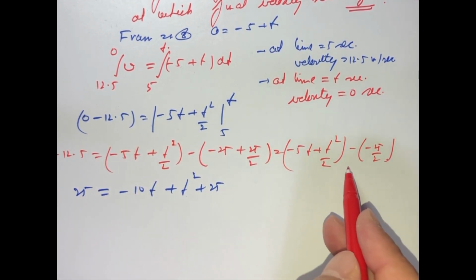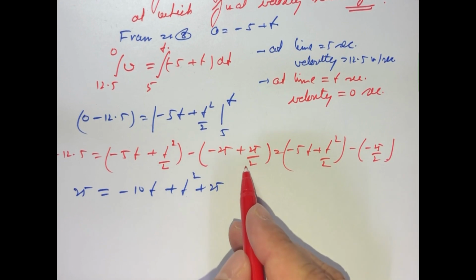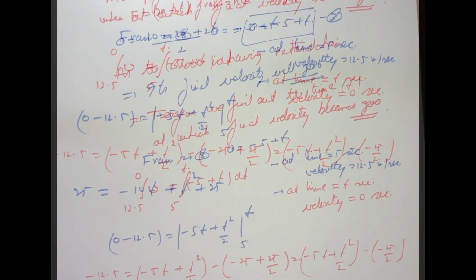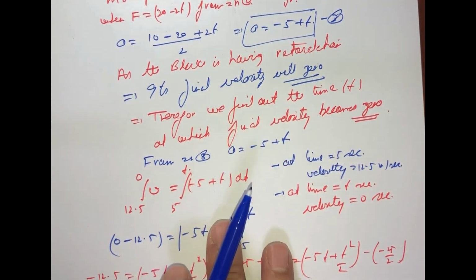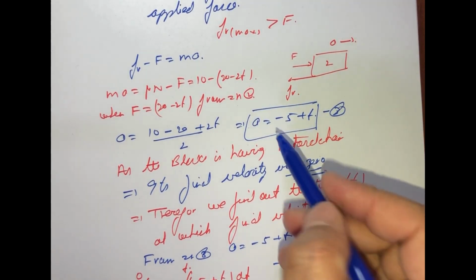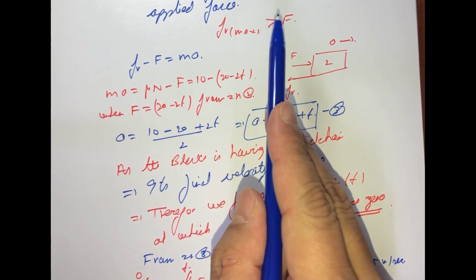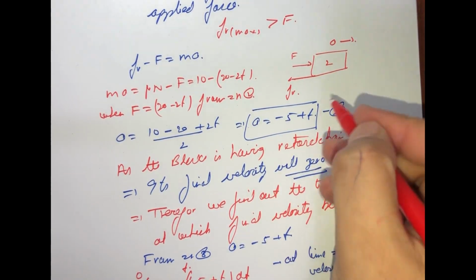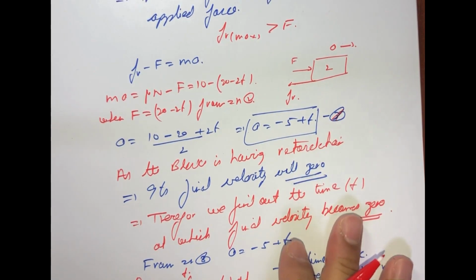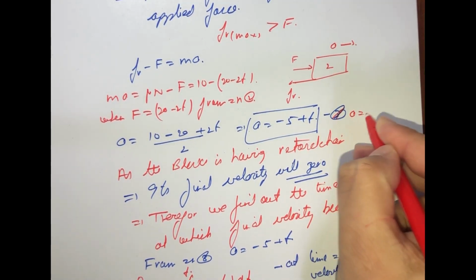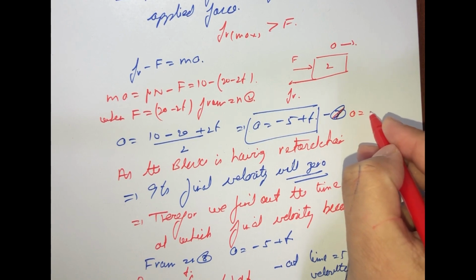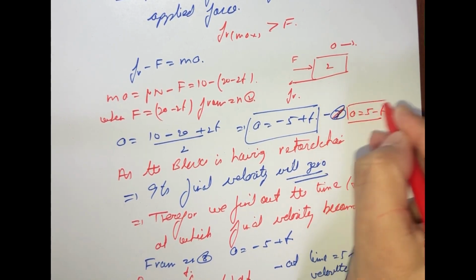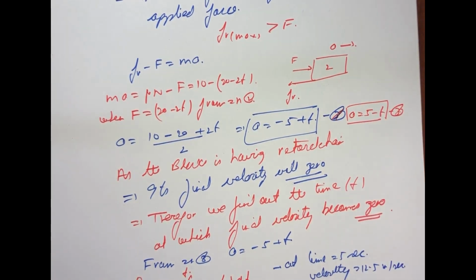One second. Okay. So there was a mistake from my part here. As it is a retarding motion, the acceleration will have a negative sign. So from here I can say that my acceleration, retardation, will be equal to minus, this will be my 5 minus t. So this is our equation number 3.